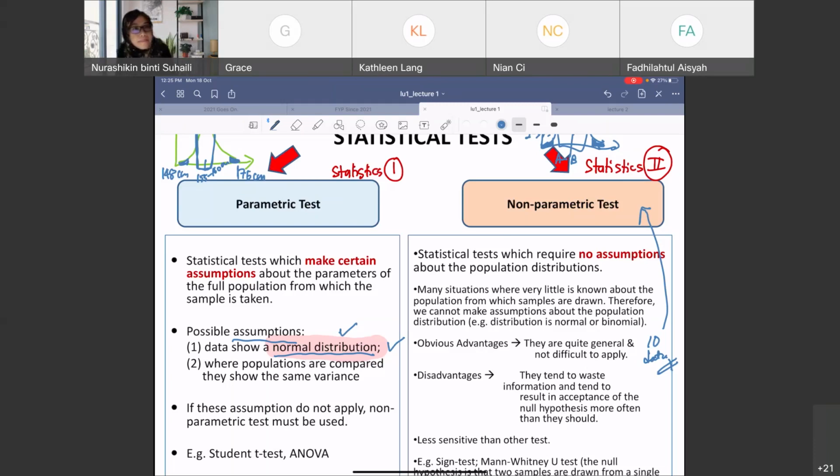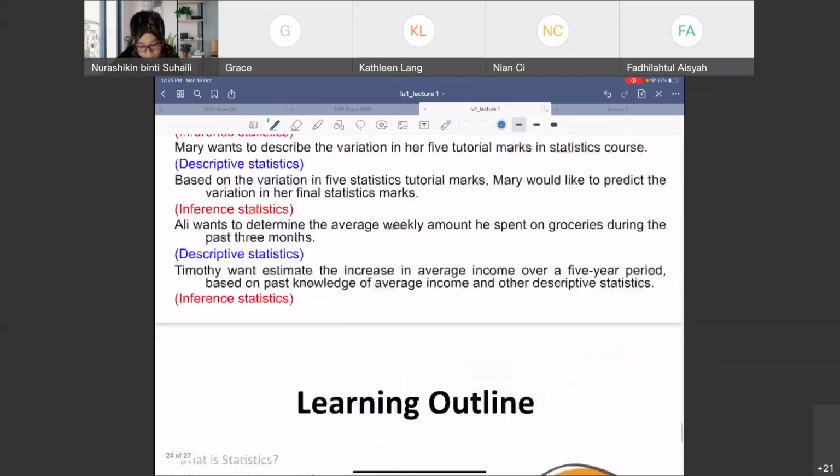Previously I learned that in hypothesis testing especially, you can only reject or not reject a certain assumption, right? So in some sort of way, would you say that descriptive statistics is already for sure, while inferential statistics is something that we can only reject or not reject? Do you know what I mean?